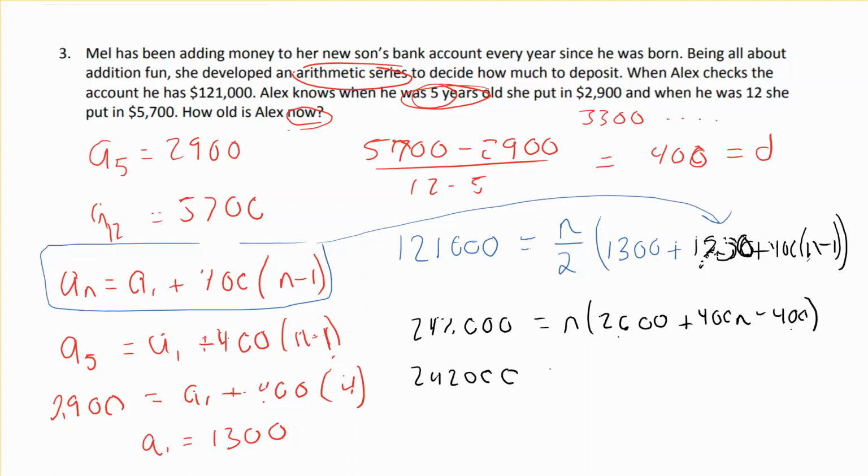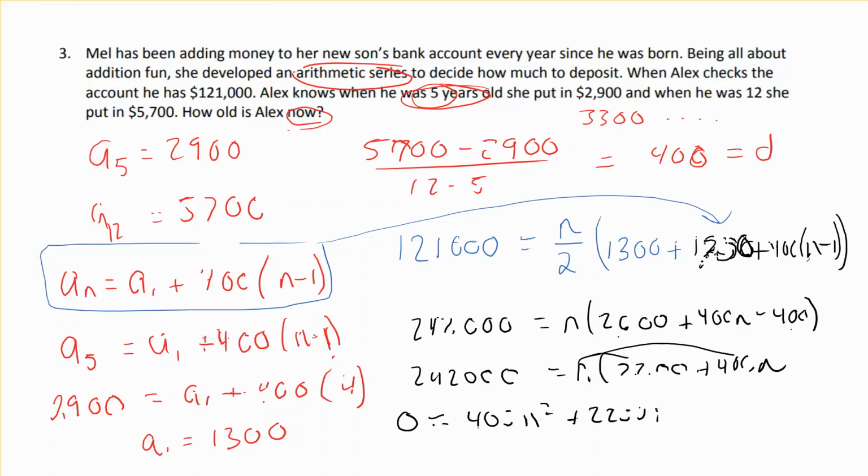242,000 equals n times 2,200 plus 400n. Now I'm going to multiply the n through and subtract the 242,000 over. 0 equals 400n squared plus 2,200n minus 242,000.